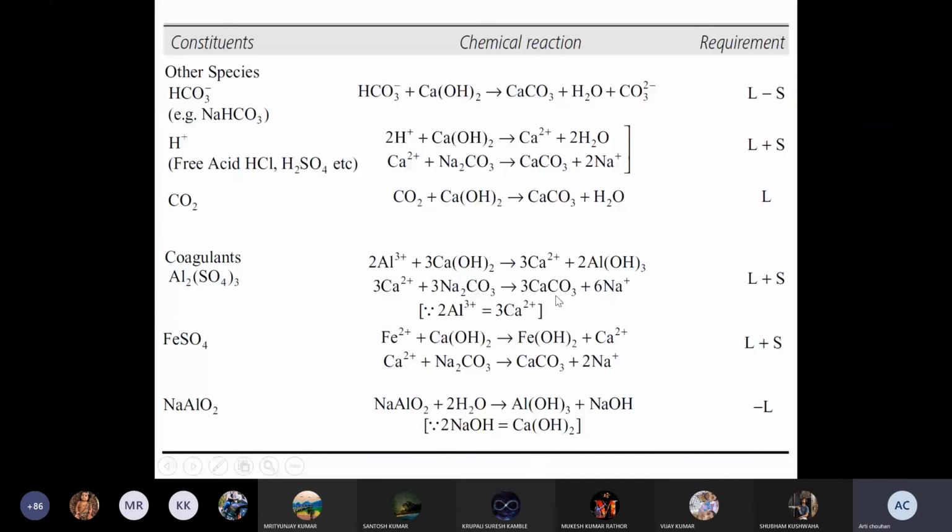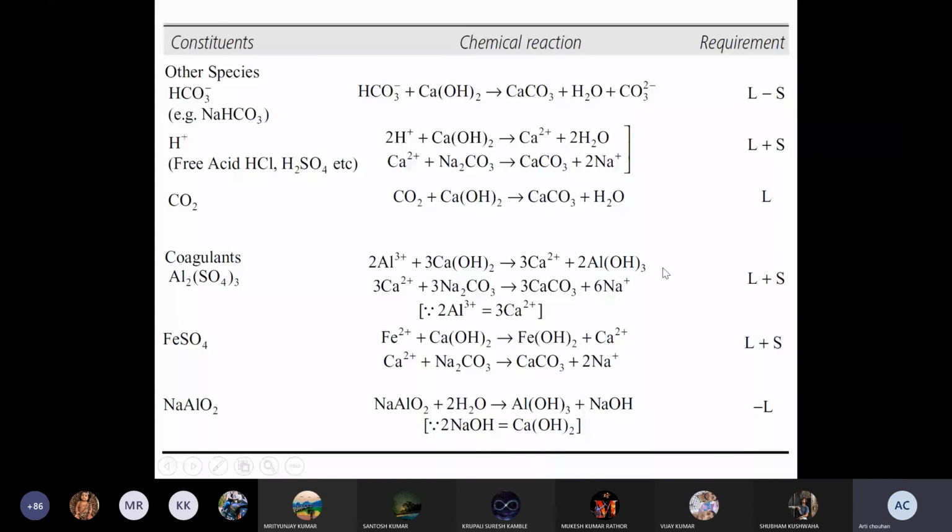You will get calcium carbonate precipitate and sodium sulfate. Now, sodium sulfate is not causing any type of hardness, and calcium carbonate is in the form of precipitate. So now your water is away from any type of hardness or coagulants as well.